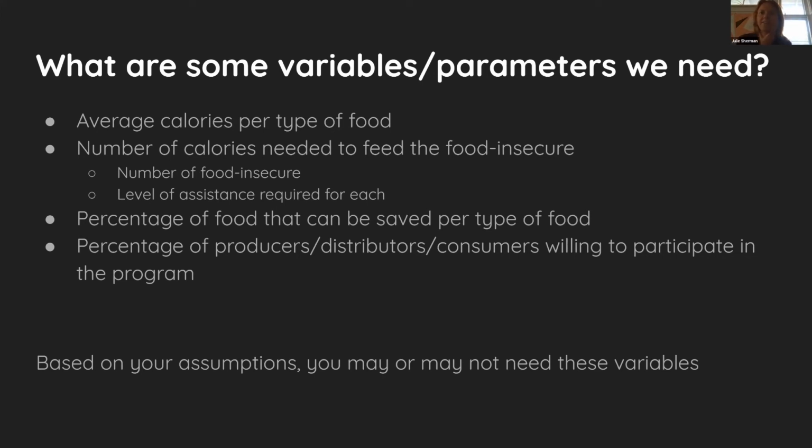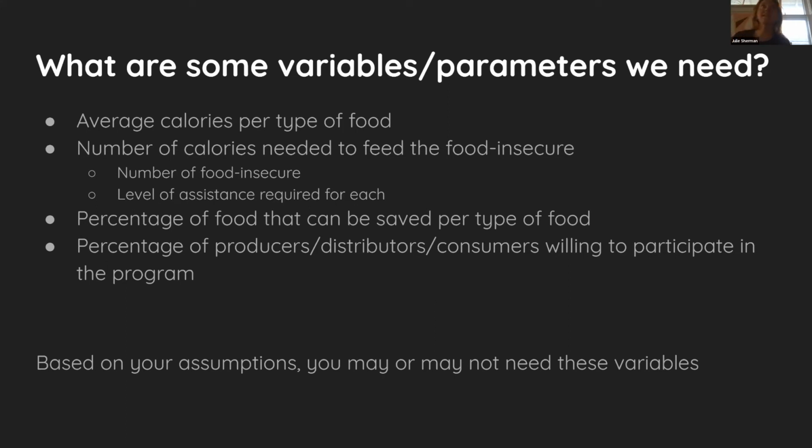It looks like we might have covered it. One more that I added was the percentage of producers, distributors, consumers willing to save their food, right? So we could maybe get some people to put their almost wasted food in a certain spot to be collected and distributed, but we can't assume that everyone's going to do that, right?